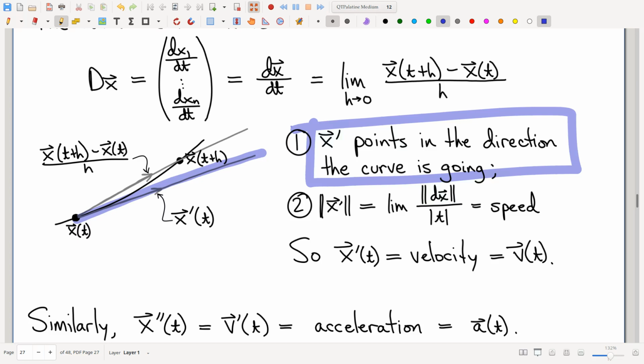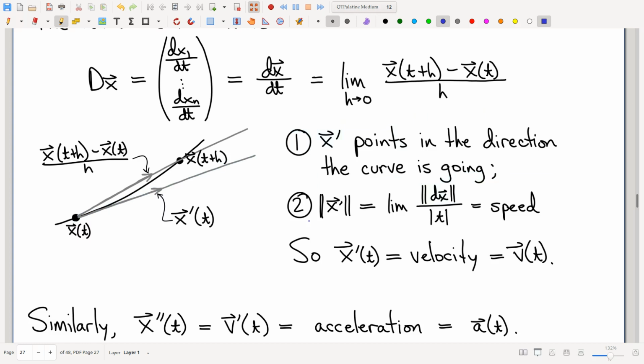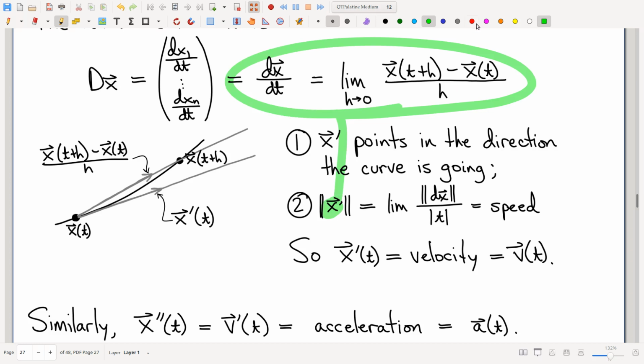Okay. Now let's talk about the magnitude. We need to take our derivative here, and we want to take the magnitude. Okay, well, I'm going to take the magnitude of the numerator divided by the absolute value of the denominator. The magnitude of the numerator is distance.